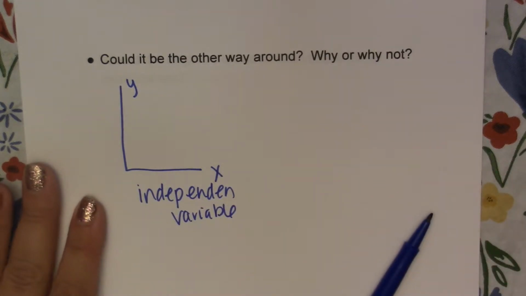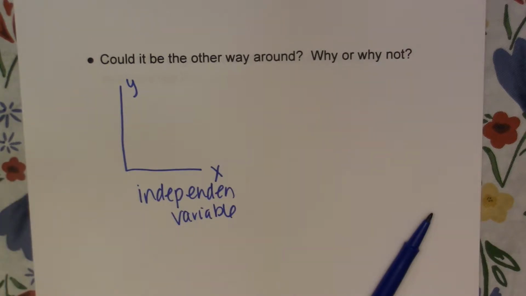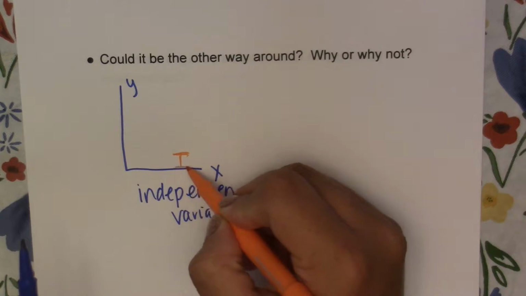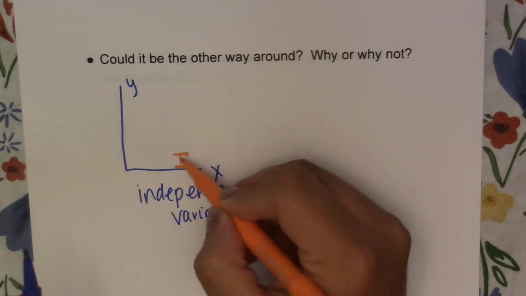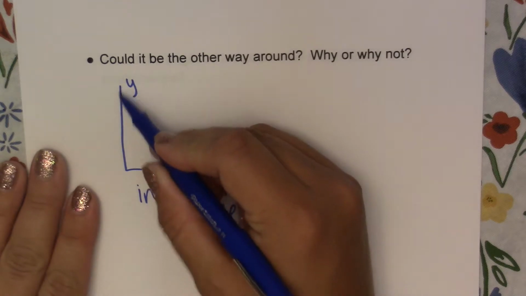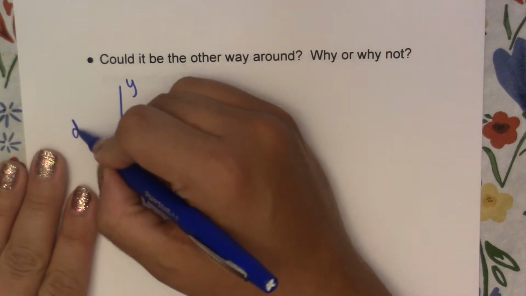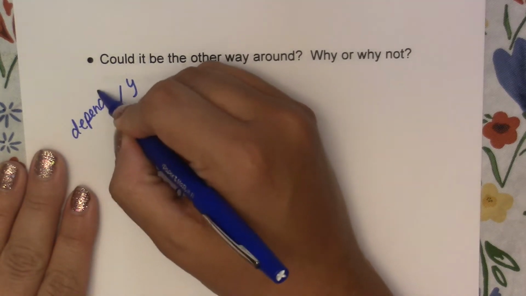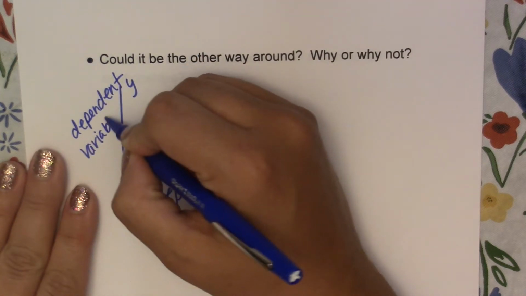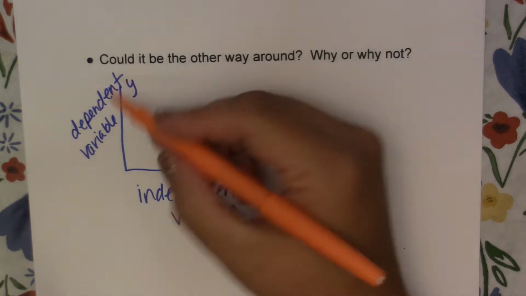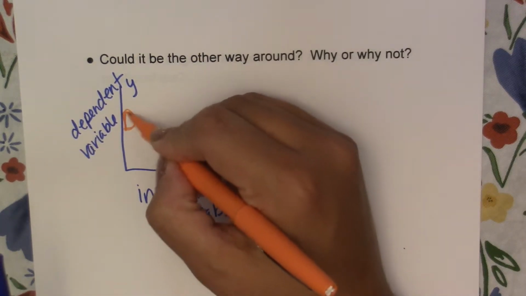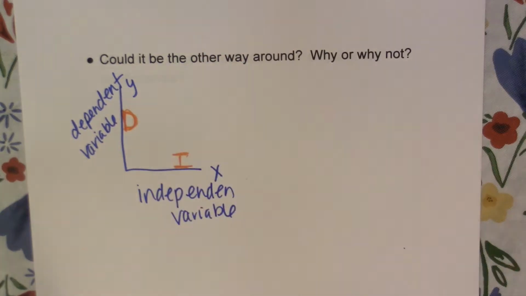I know in science, when you make graphs, they help you to remember that by using the bottom edge of an I to make your I, so that could be your independent. And our y-axis is our dependent variable. And again, we can use that axis to form the D for dependent.